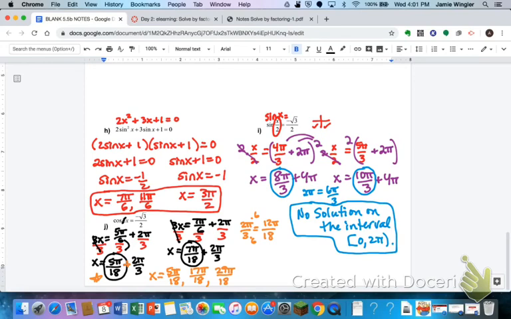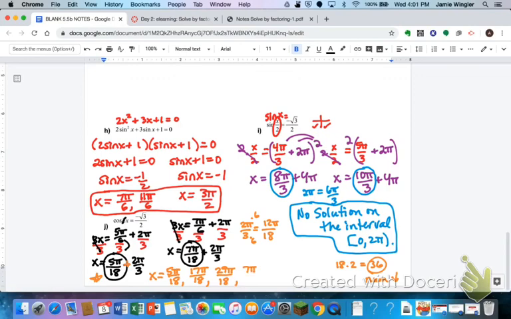Since 18 is our denominator, if we took 18 times 2, because you're adding 2 pi and you can't go over 2 pi in your directions, 18 times 2 is 36. Your numerator has to stay below 36 pi. So if I added another 12 to 29, that's over 36. So I'm done with that set of answers.